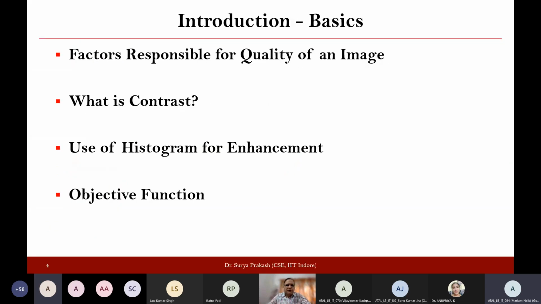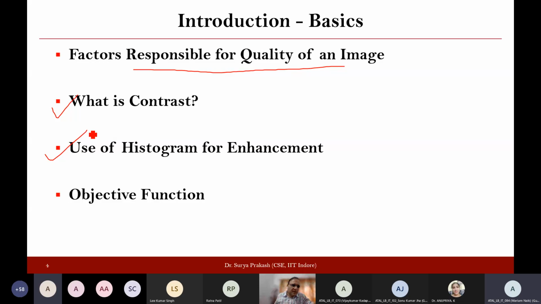Okay, so in the basics, we are first going to discuss the factors which are responsible for determining the quality of the image. One of the factors is the contrast. We'll look at contrast in a little more detail, and then we know that the histogram is a good representation for any image, and there are some techniques which use the histogram for enhancing the contrast of the image.